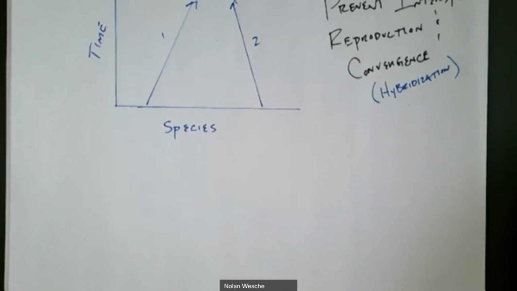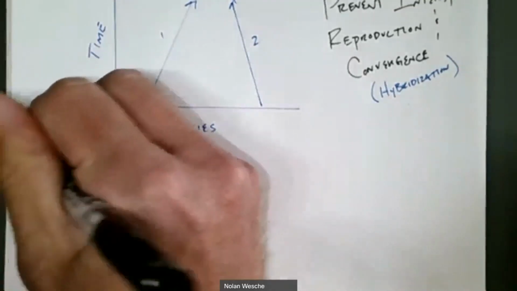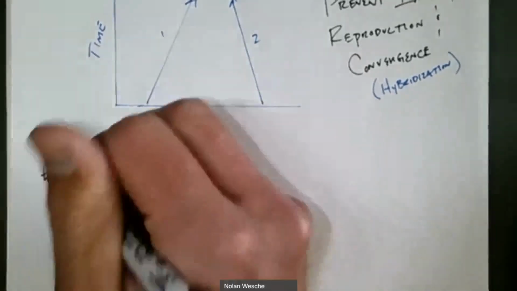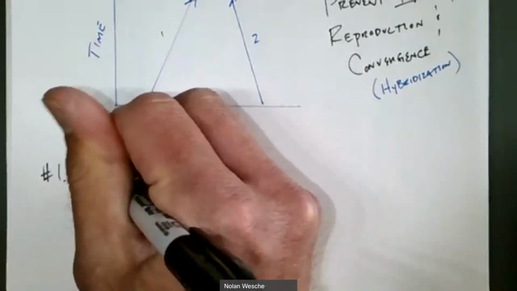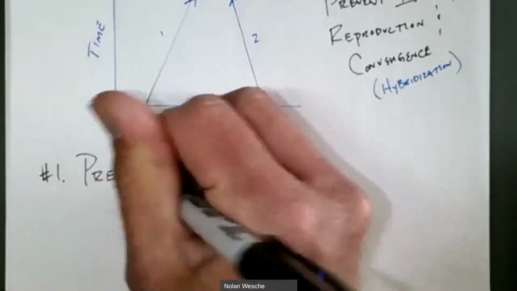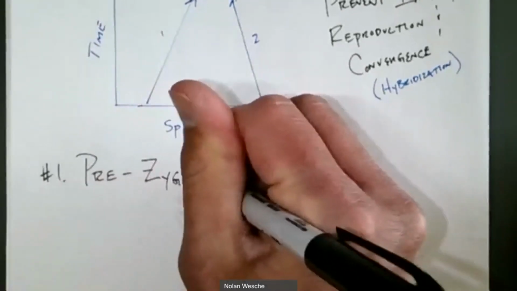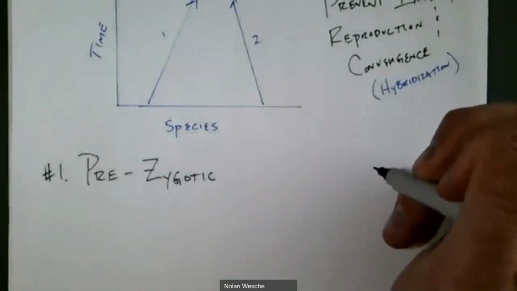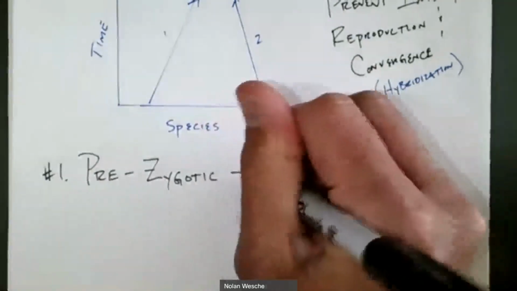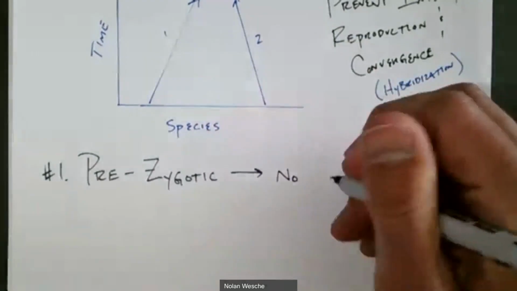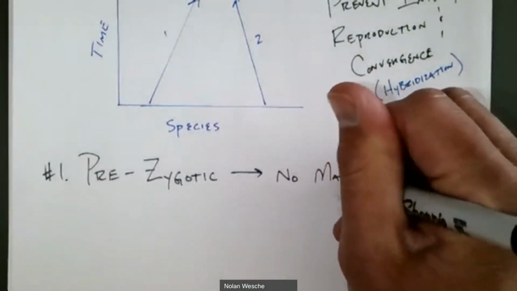So we have two groups. We have a group that happens before a zygote is formed. So group one is going to be called pre-zygotic. So pre-zygotic barriers, and these are going to be barriers that do not allow mating success.